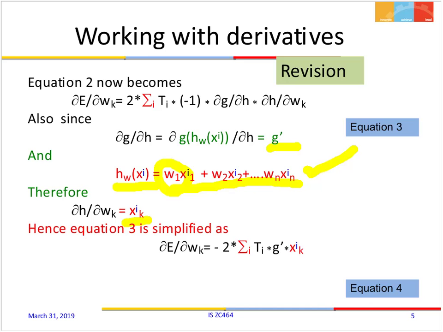Fine. So then del E by del Wk is identified to be equal to minus 2 summation over all the samples i, ti multiplied by g dash xk, and this xk refers to the kth feature of ith sample. Right? So this is how you have obtained del E by del Wk.